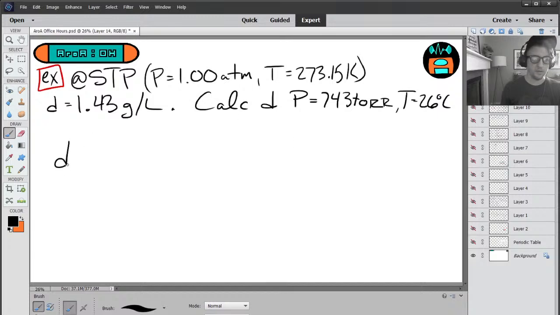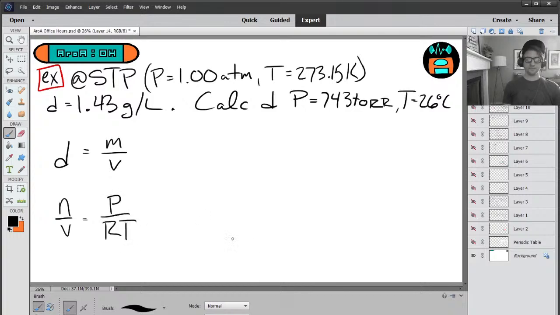Density is equal to mass over volume. And we have an expression where moles over volume is equal to P, pressure over R times T. You have to ask yourself, what is the relationship between moles and mass?